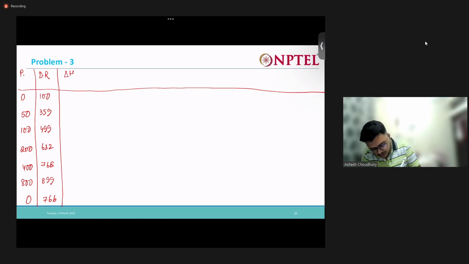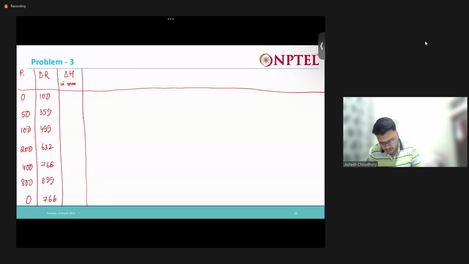Then we have the change in height, in mm. From here to here, how much is the change in height? 359 minus 100, 259 into 10 to the power minus 2. It is minus 2.59 change in height. So height is reducing, right?